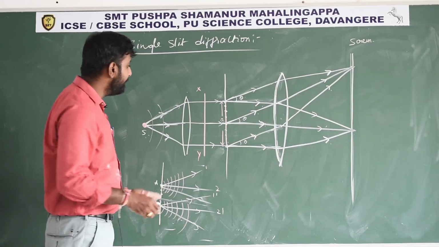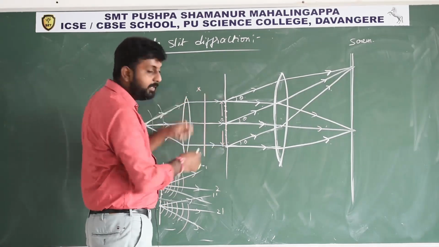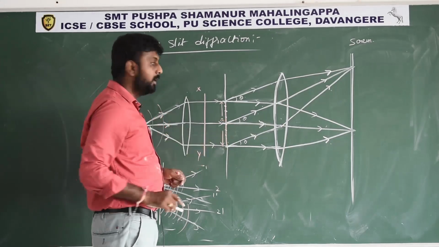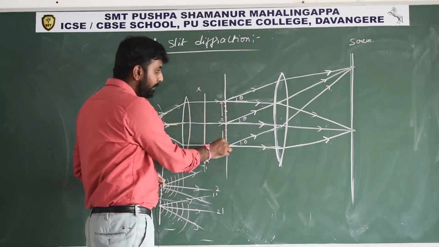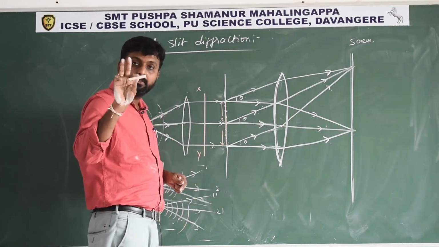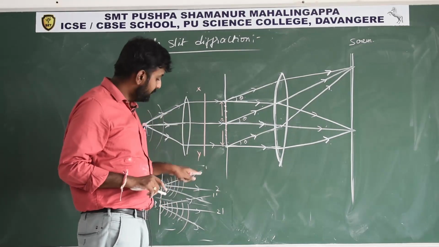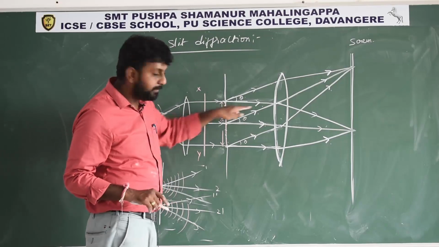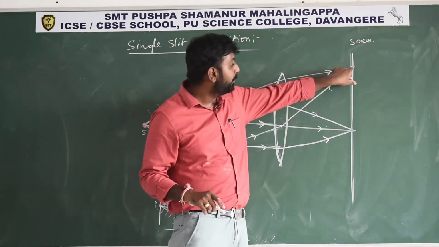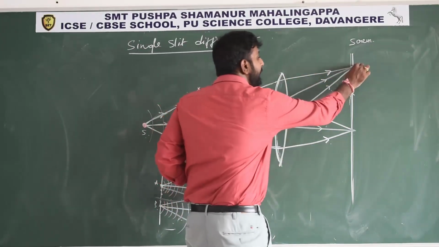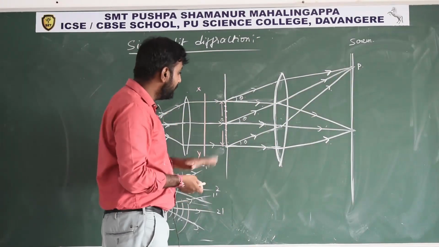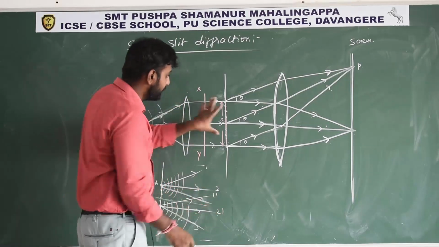In the similar way, the wavefront is here. Every point is a new source, and from A point and B point I have selected two sets of rays of light. That is 1 and 1 dash, making angle theta with the principal axis, and they are superimposing at point P. This is one set of light rays I have chosen, and another set, that is 2 and 2 dash.